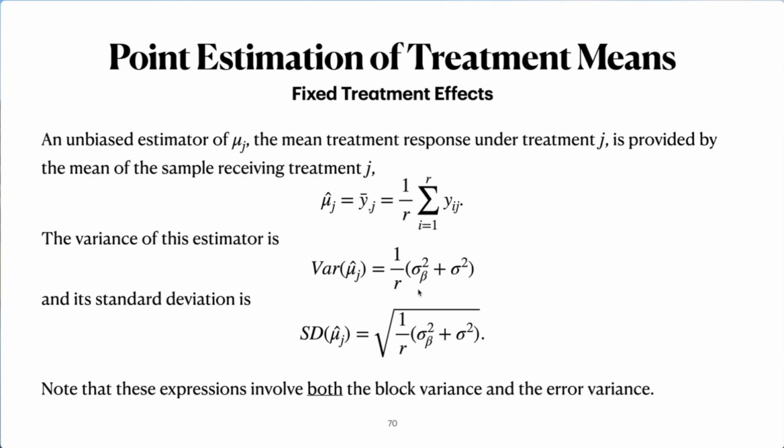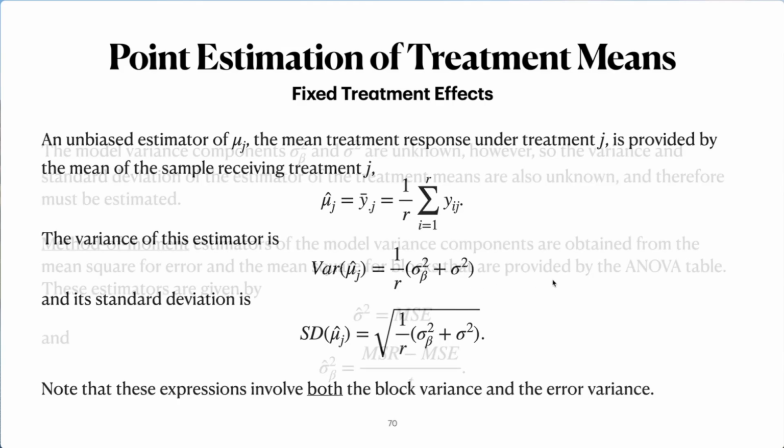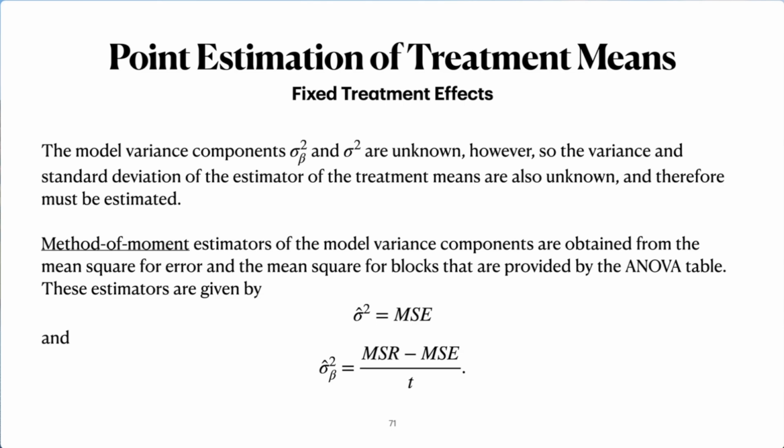But also, remember that the variance of mu hat sub j involves both the block variance and the error variance. So the model variance components, sigma squared sub beta and sigma squared, are unknown. And because of that, the variance and the standard deviation of mu hat sub j can't be computed exactly.